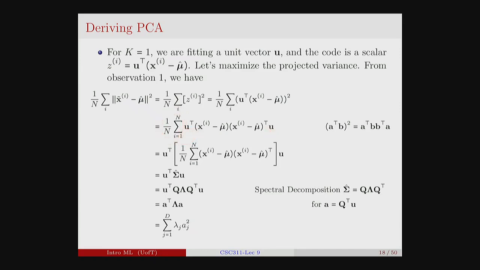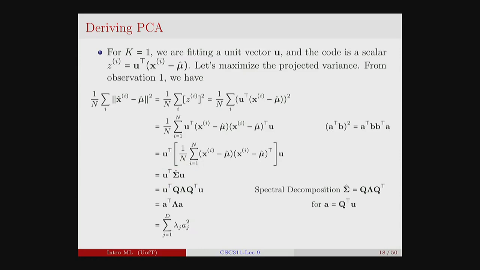It's just changing the order of operations between the dot product and the summation over all the n data points. So I get u transpose, whatever this summation is, u. The quantity on the inside is the definition of the empirical covariance matrix. It is the sum of the outer products of the differences from the mean for each data point. So I'm going to substitute that as u transpose sigma hat u.